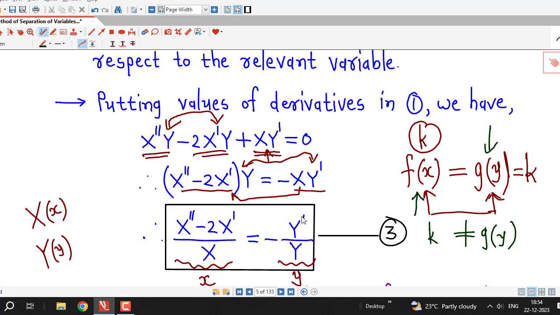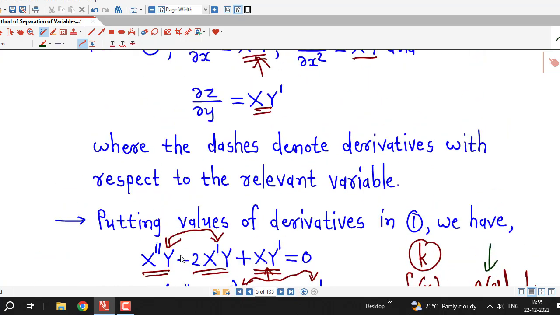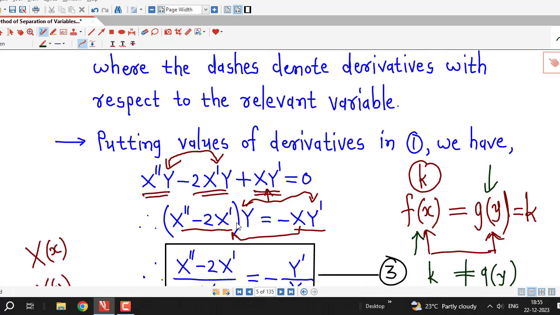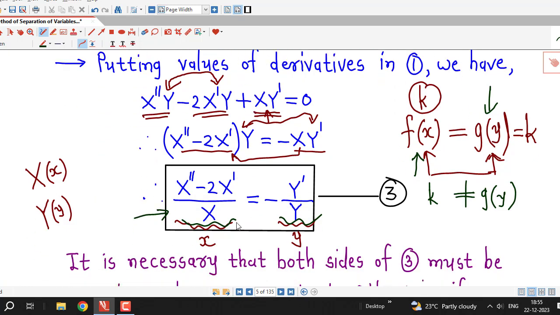So this is possible if and only if both functions are equal to the same constant, and this type of situation we will always have after substituting values of derivatives in the given equation. So this is the common part for every problem.